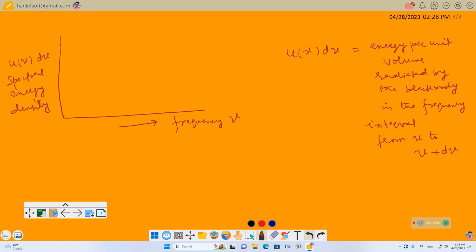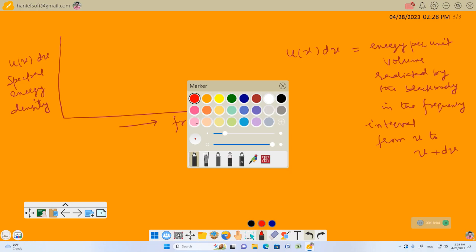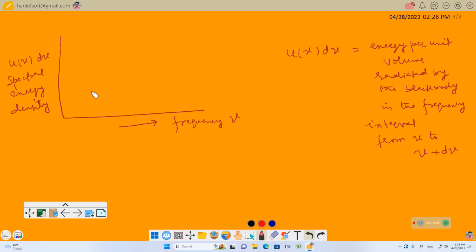Now, when we plot it, we get it like this. I will use this color. The pattern of the graph is like this. This is my zero. Let the temperature of the black body for this particular curve be this absolute temperature, 1200 Kelvin.